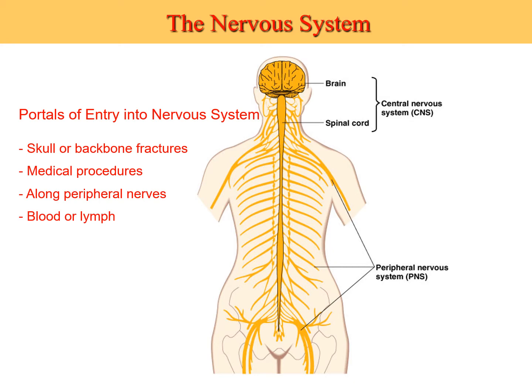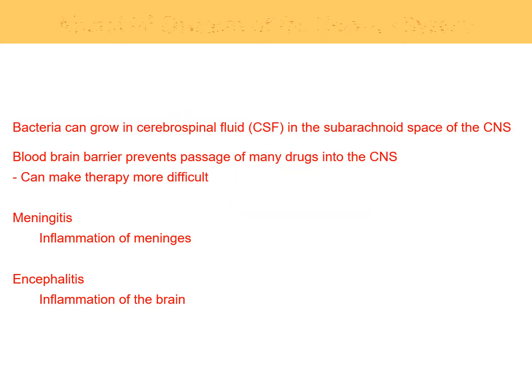Portals of entry into the nervous system for microorganisms would be skull or backbone fractures, medical procedures that involve piercing the sheathing that's around the nervous system, entry along the nerve sheath of peripheral nerves, or through the blood or lymph into the central nervous system. It's not easy for microorganisms to get into the central nervous system, but they can get in and cause serious infections.